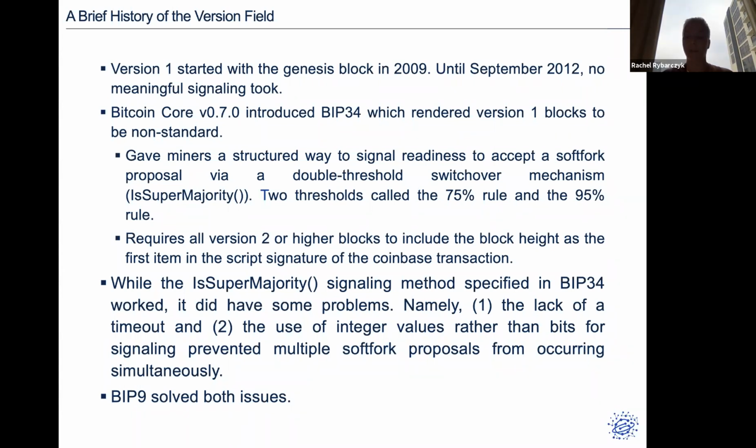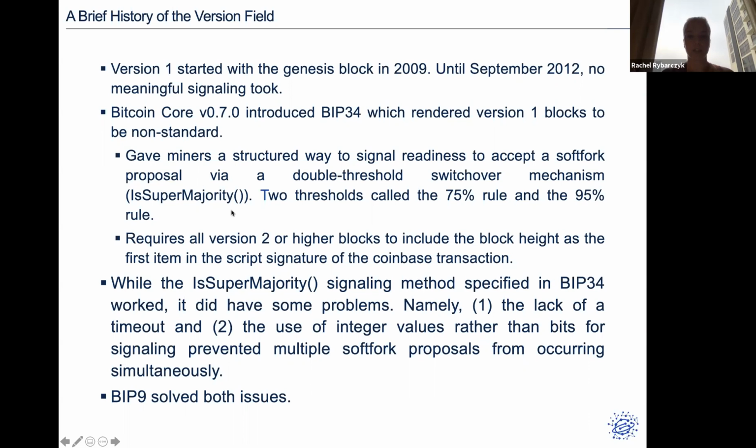And then after that threshold is hit, we reach the 95% threshold. So 950 blocks out of last 1,000 blocks, if they come in and they signal readiness for the soft fork proposal, then all blocks coming in as version 1 will be unaccepted.